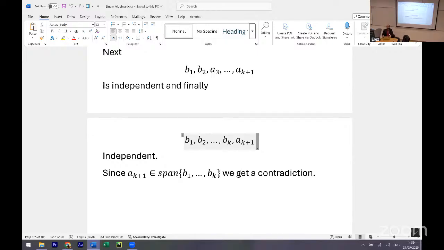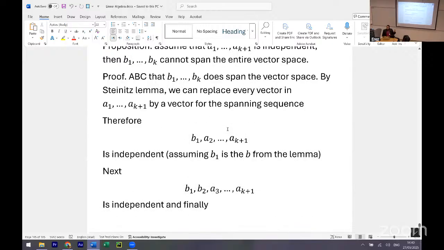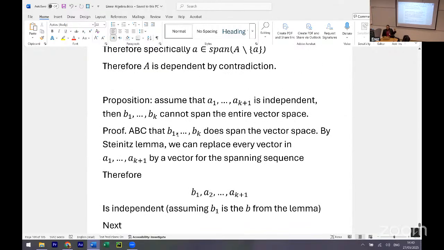I do agree that the wording may have been different, but in order to use Steinitz, I need the contradiction because Steinitz assumes that it spans everything. That's what allows me to do the replacement. So I don't think I could word it differently.